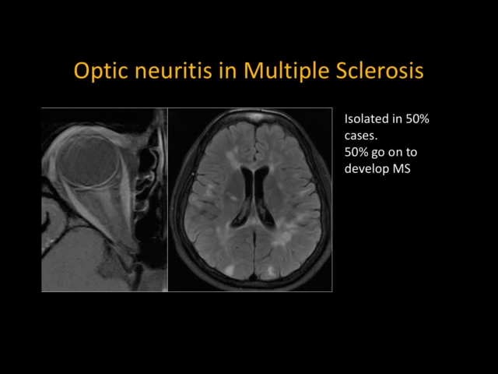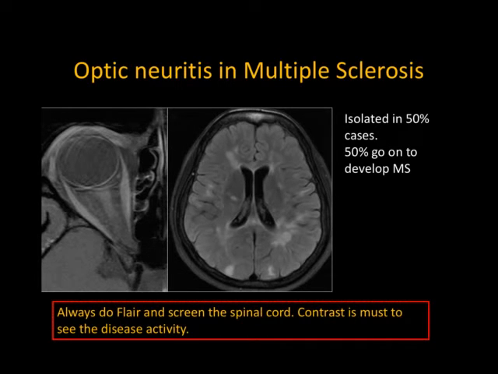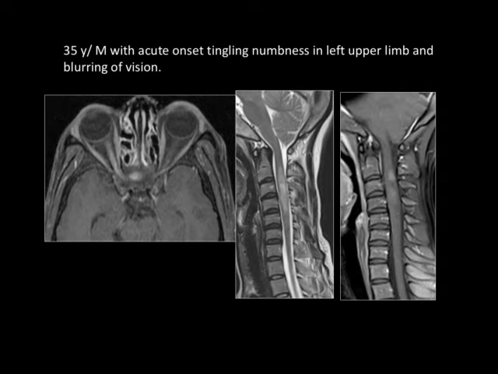This is MS, optic neuritis and multiple sclerosis. Normally NF1 FASI would be symmetrical and involve the grey matter, meaning globus pallidus, dentate nucleus, bilateral MCPs maybe. And you have to always screen the spinal cord to rule out plaques there.